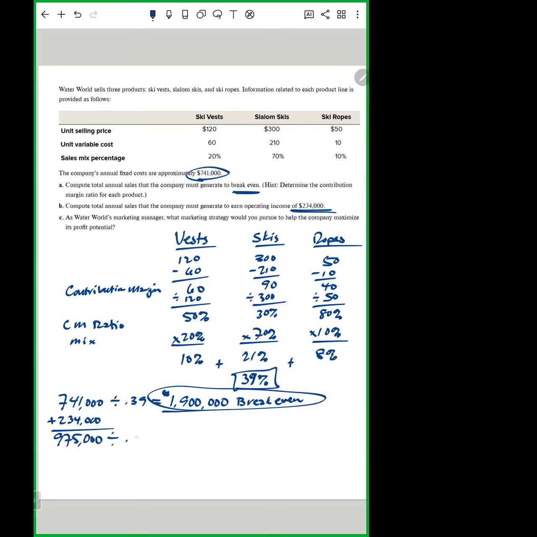And if we divide that by 0.39, I get 2.5 million. So 2.5 million is the amount that I need to sell, total sales dollars, to make the 234,000 in operating income.